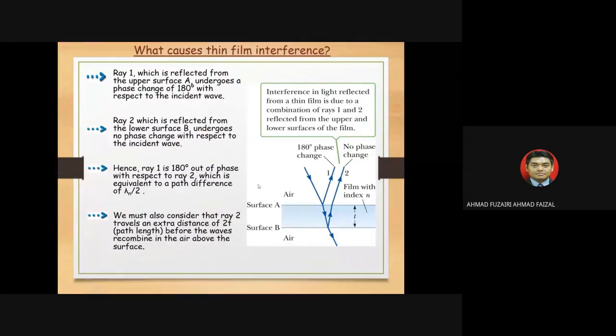So therefore, in order to determine whether the two reflected rays will interfere constructively or destructively, we need to take into consideration the path difference between these two reflected rays as well as phase reversal or phase change.